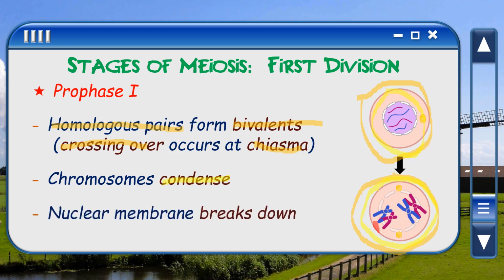The nuclear membrane breaks away. You can see that the nuclear membrane outside starts disappearing and breaking away. So during prophase 1, the nuclear membrane disappears or breaks down.